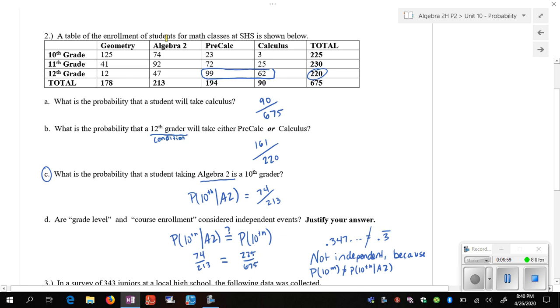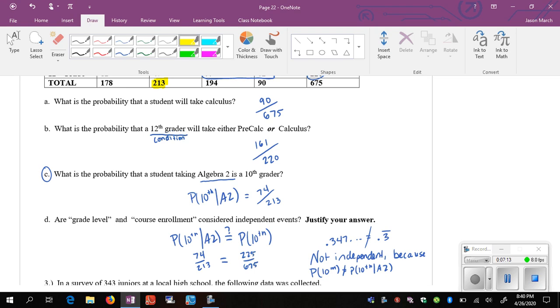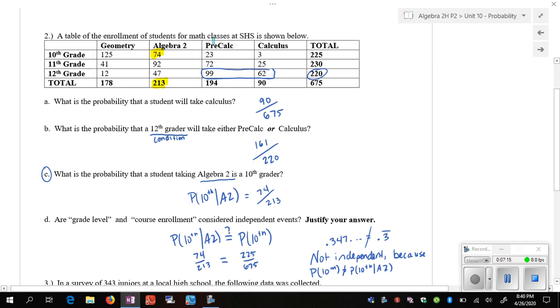You can see that what I did was a fraction of 74 out of 213, and if I trace my fingers across to the margin, I get 225 out of 675. That's a trick we could use to figure out what fractions we're comparing.